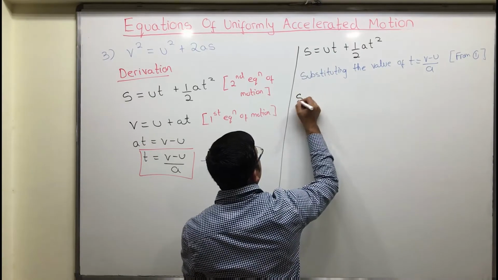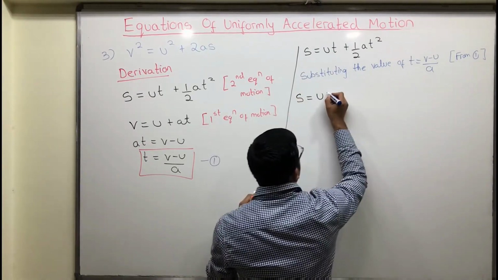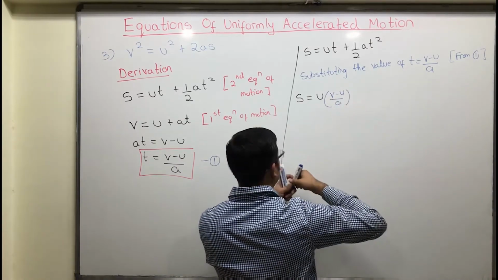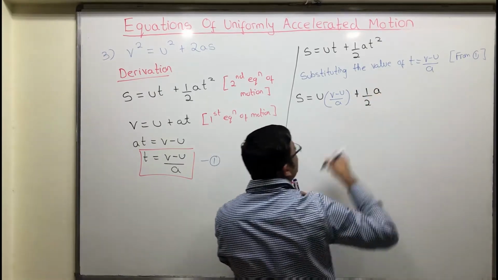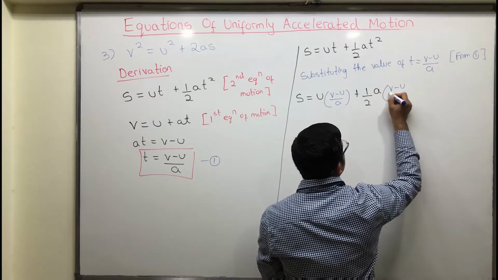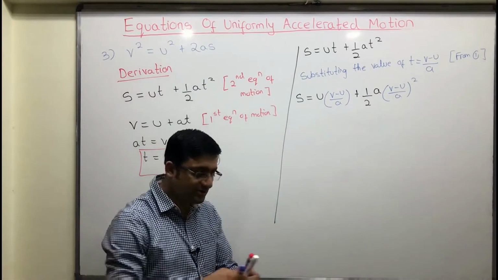So we have s is equal to u into t. What is the value of t? It is v minus u by a, plus half a t square. So a into t square, what is t? v minus u by a the whole square. Now all we have to do is just simplify this.